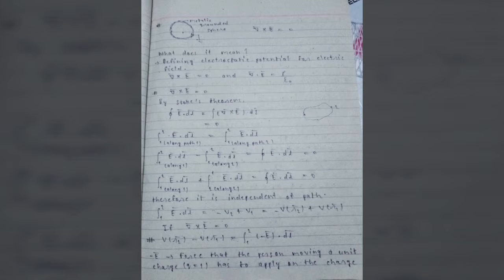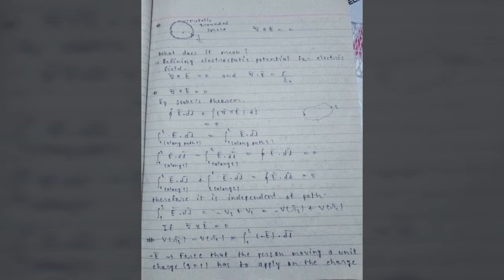This is because from here what I get is the integral from 1 to 2 along 1 of E dot dl minus the integral from 1 to 2 of E dot dl along 2, and now I am going to change sign.